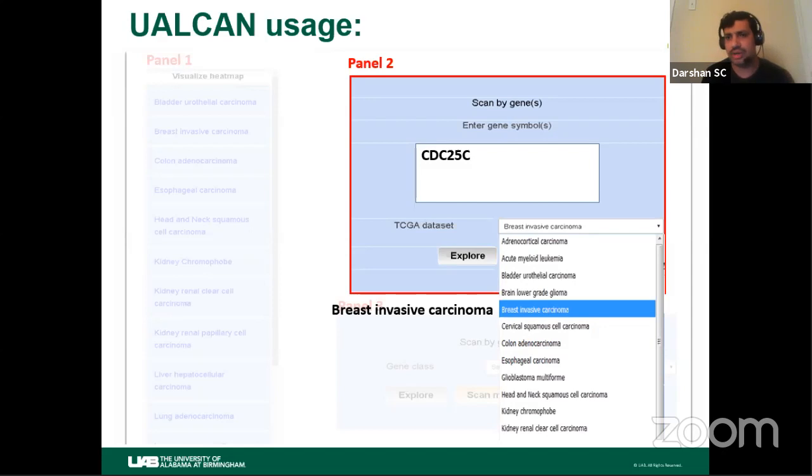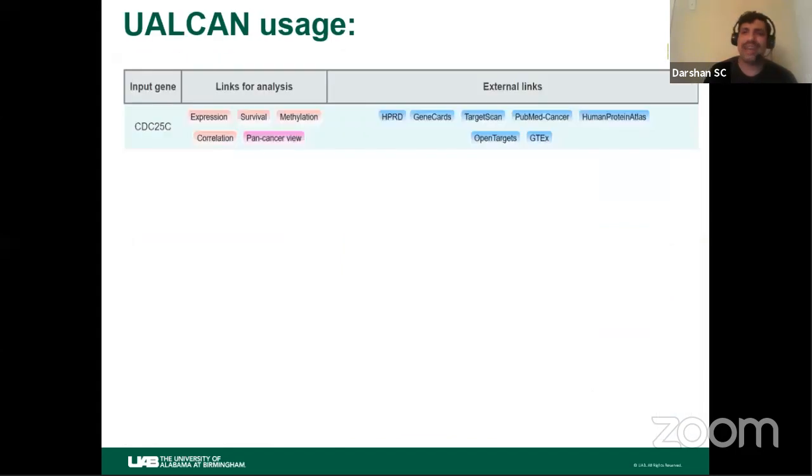One can enter the gene symbol in the text box, select the cancer of interest in the drop-down menu, and when you click submit, you will be directed to an intermediate page. This page has different links: expression, survival, methylation, correlation, and pan cancer. Each, when clicked, will direct the user to different pages and provide different types of information.